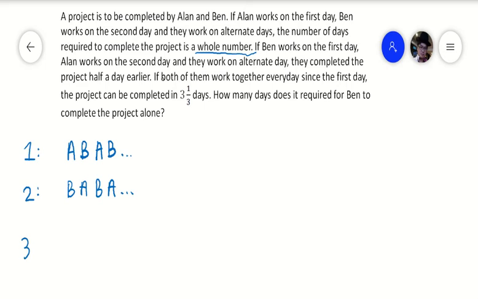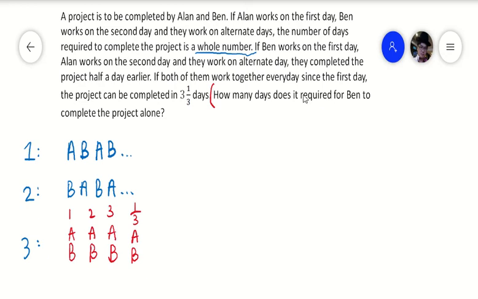For the third situation, Alan and Ben work together, so they take 3 full days and 1/3 days to complete the project. So what do we want to find here? We want to find how many days it requires for Ben to complete the project alone. If Ben is to complete the project alone, how many days does Ben take?